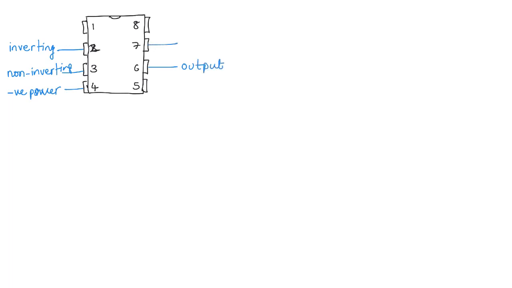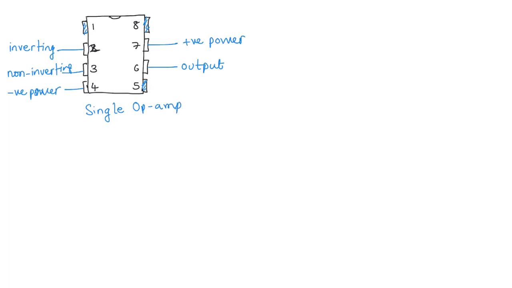And pin 7 would be the positive power supply. Sometimes there would be additional features in these empty pins, pin 5, pin 8, or pin 1, but usually it's not there. So this is a single op amp. So in one package, you have a single op amp.